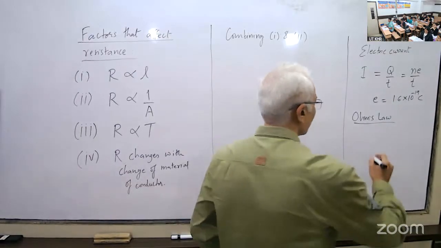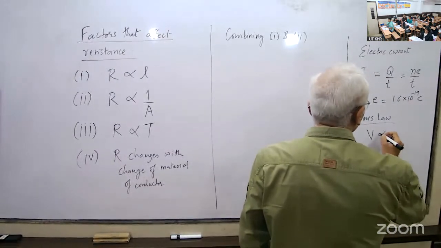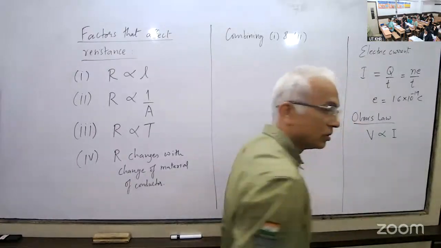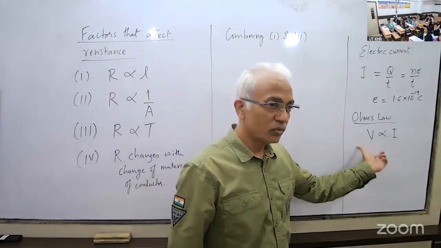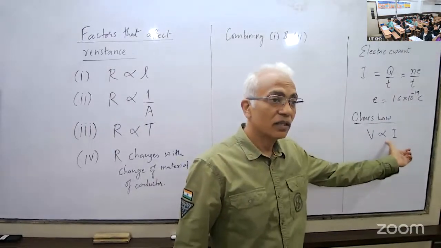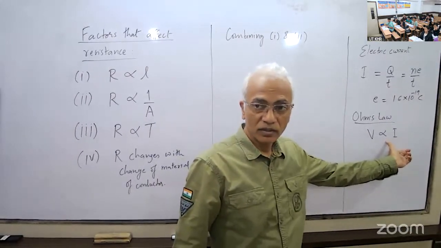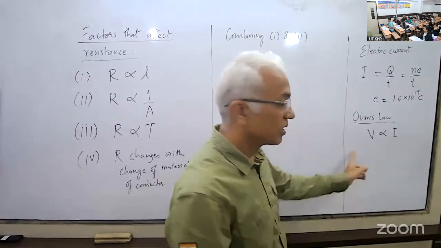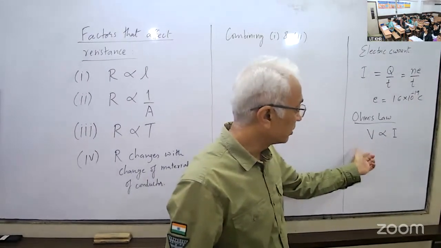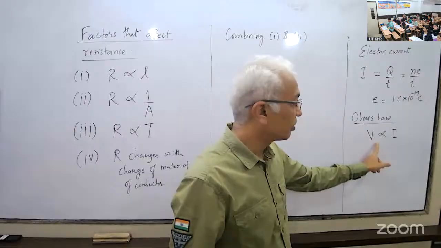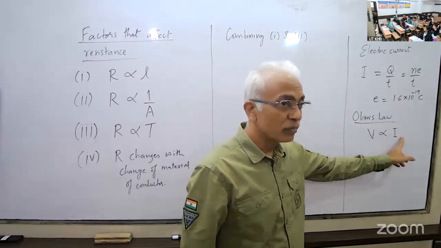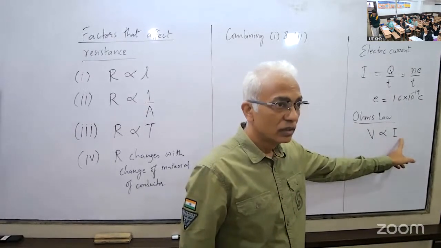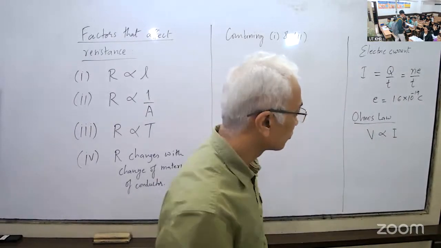So Ohm's law states that there is a direct proportionality between the applied potential difference and the current flowing through the conductor. Okay? So there is a direct relation. What does it mean? If you increase the applied potential difference, it will increase the current in the same proportion. So this is what is called Ohm's law.